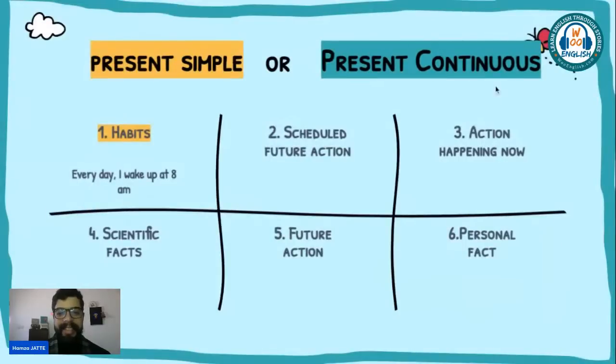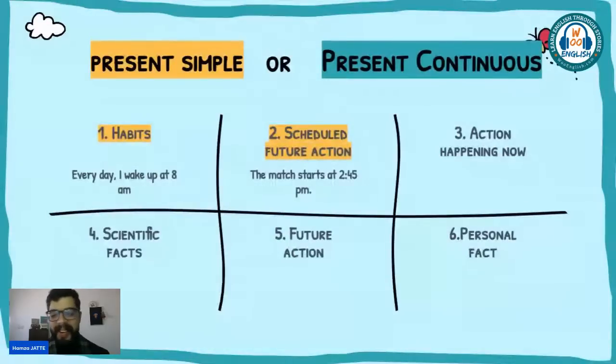All right. Let's discover. It was Iman's answer. Okay, great. So for scheduled times or scheduled actions in the future, if we know the exact time, we should use the present simple. So I should say, tomorrow the train starts or the train departs at 3, for example.